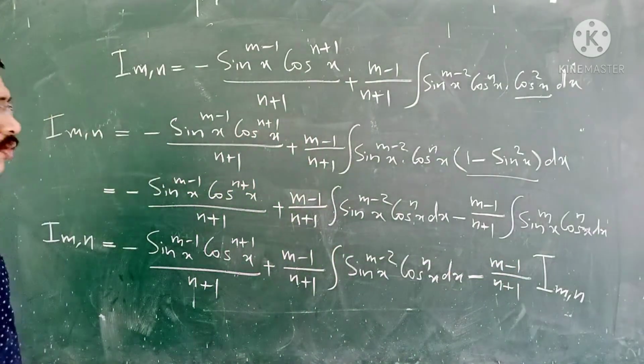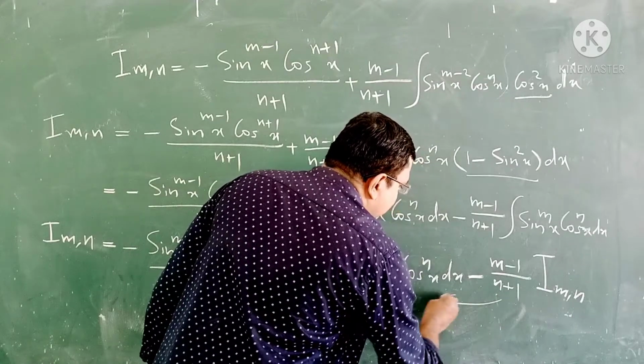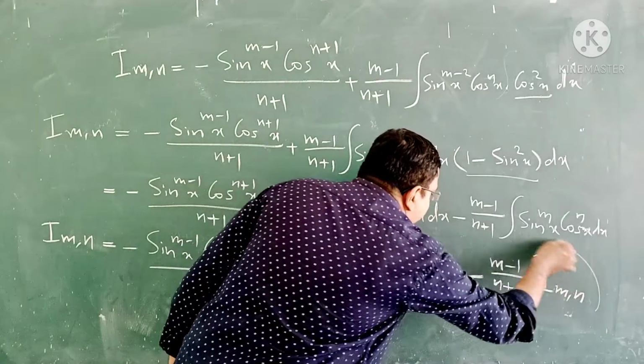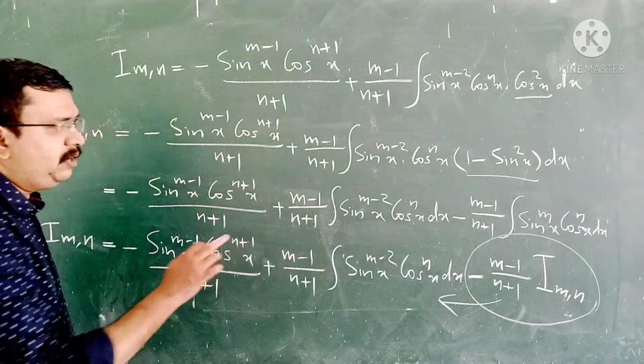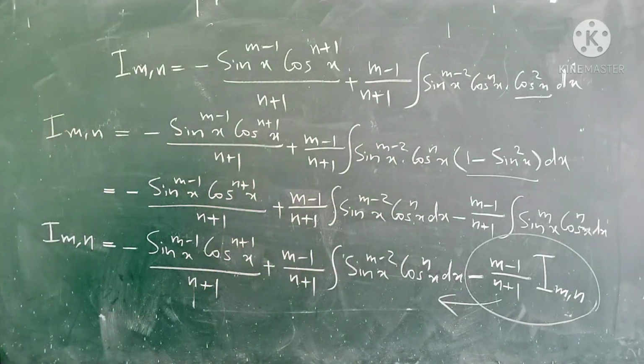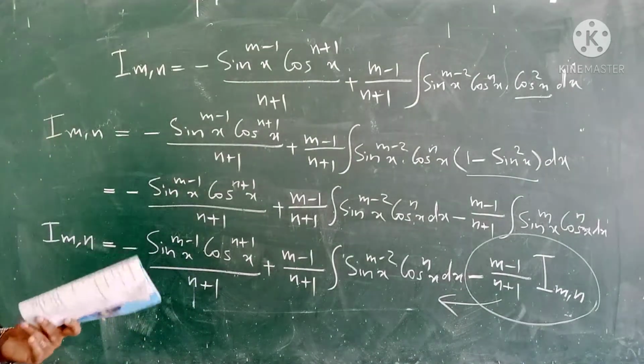Okay, now we can shift this quantity into the right side. We are shifting this quantity here, then it will become the plus side. And this, please write down, then we can move to our next step.